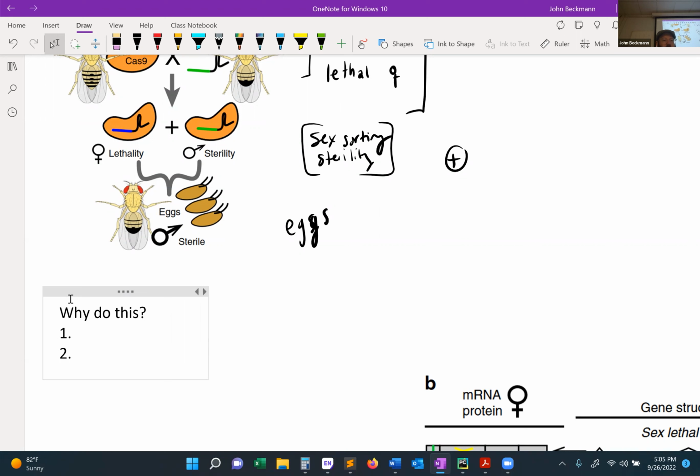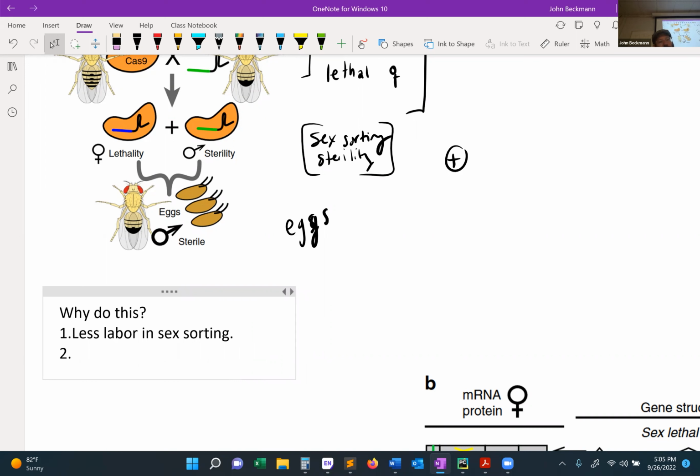They don't have to get a machine to sex sort. Okay, so less labor in sex sorting. Yes, that's a good one. 100% efficiency. It was 100% efficient in Drosophila in the cages, at least that's what their data showed. That was nice, but that's not why you would do it. Why else would you do this?